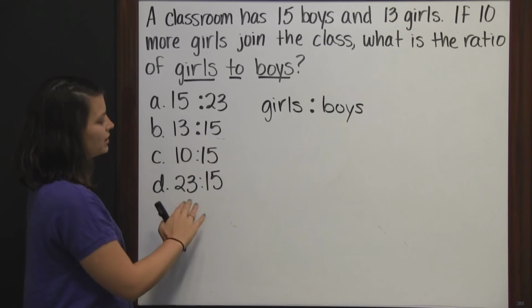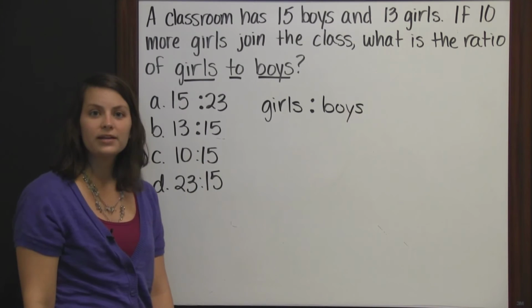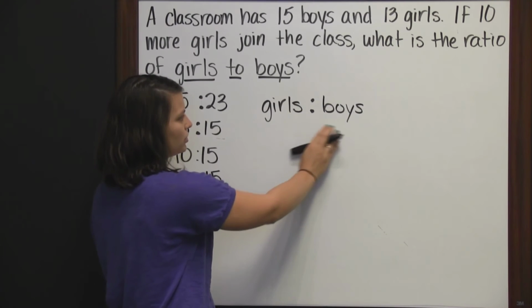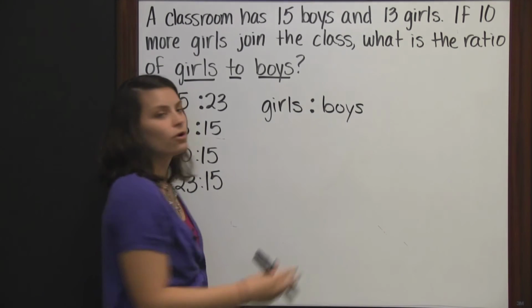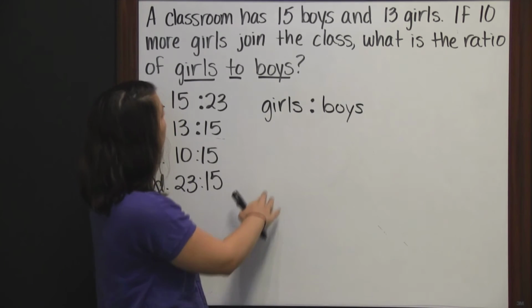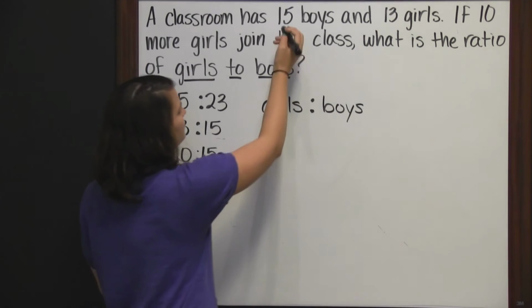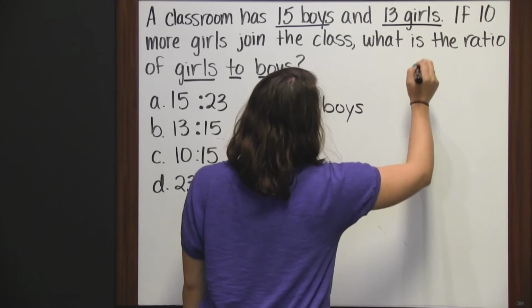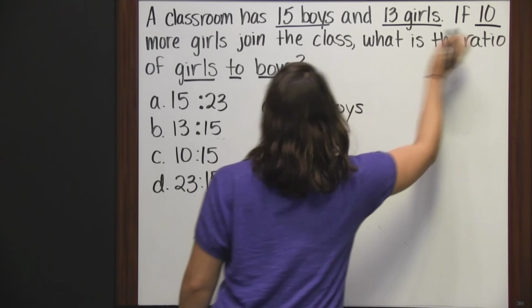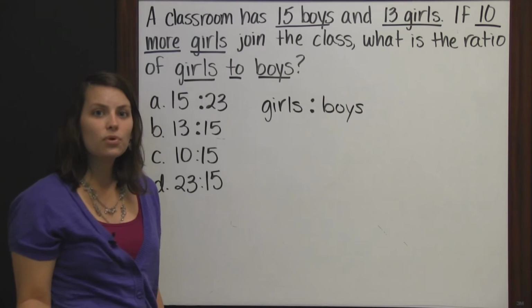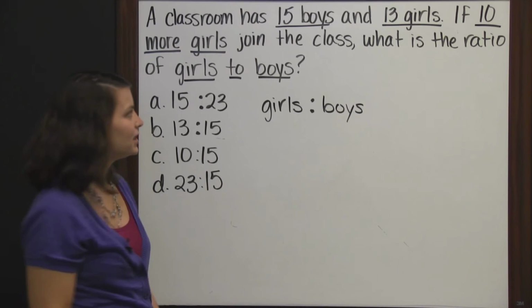But if we look at our answers, we can see they used a colon too. So I wrote mine the same way, girls to boys. And before we can write our ratio, we need to know how many girls there are. So it says the classroom has 15 boys and 13 girls. And then 10 more girls join the class. 10 more means that we have to add 10.